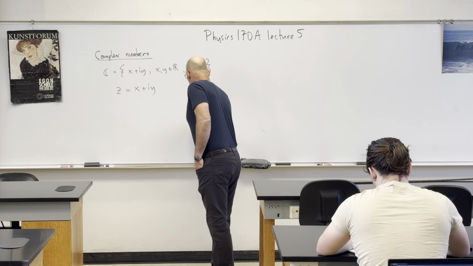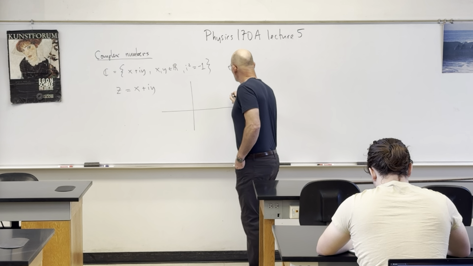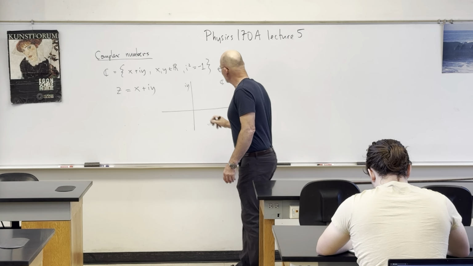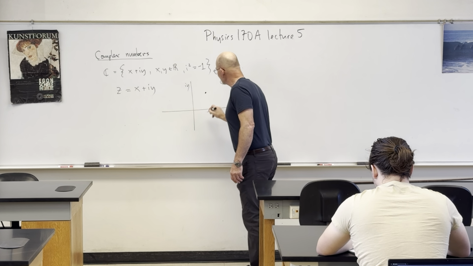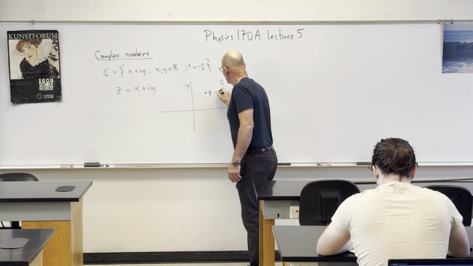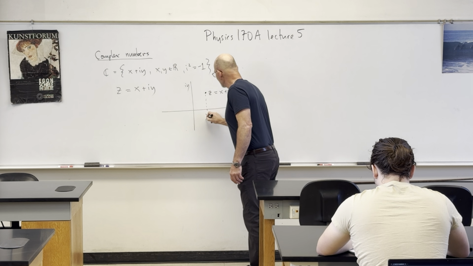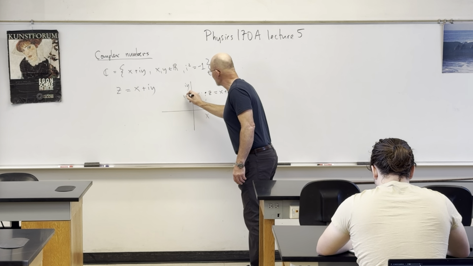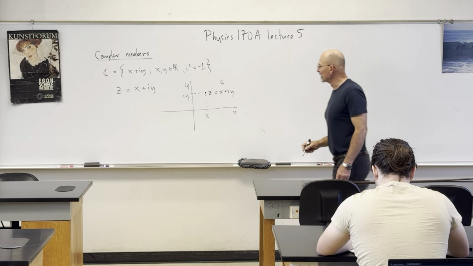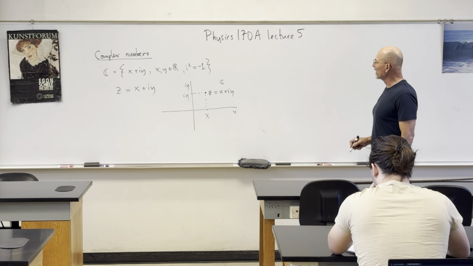If we introduce the complex plane, then z is simply a point in the complex plane. There would be the x, and there would be the i times y. Okay, a point in the complex plane.